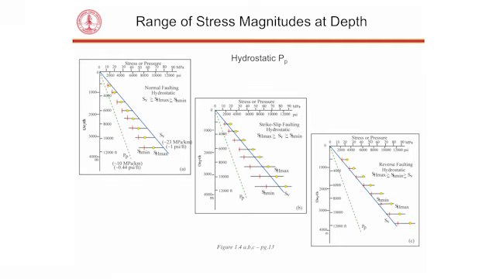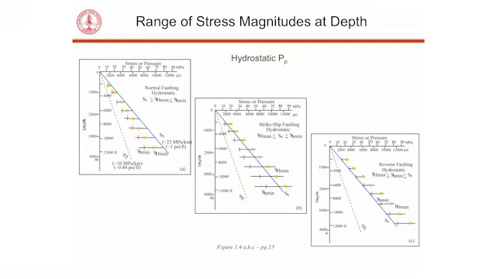If pore pressure is hydrostatic, the pore pressure is going up by 10 megapascals per kilometer, or about 0.44 psi per foot. And in a normal faulting regime, the vertical stress, the pore pressure, and then we have the minimum horizontal stress and the maximum horizontal stress intermediate between the two, defining the stress state.